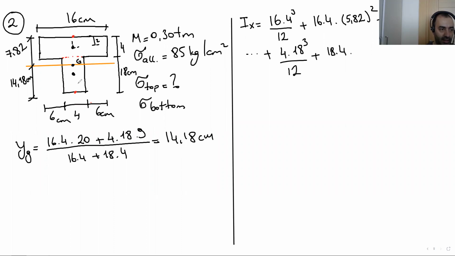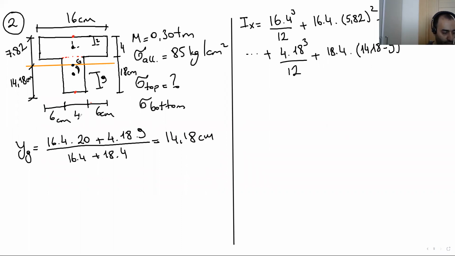It's easy. The total distance till here is 14.18. But we know this portion is 9, so 14.18 minus 9 gives me the distance here between the 2 points.